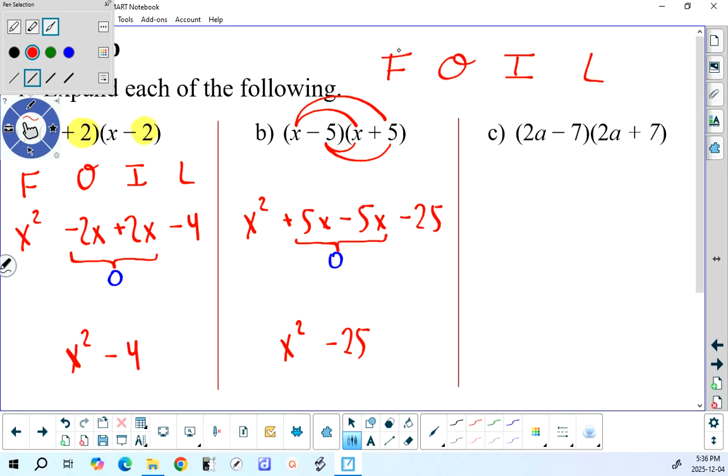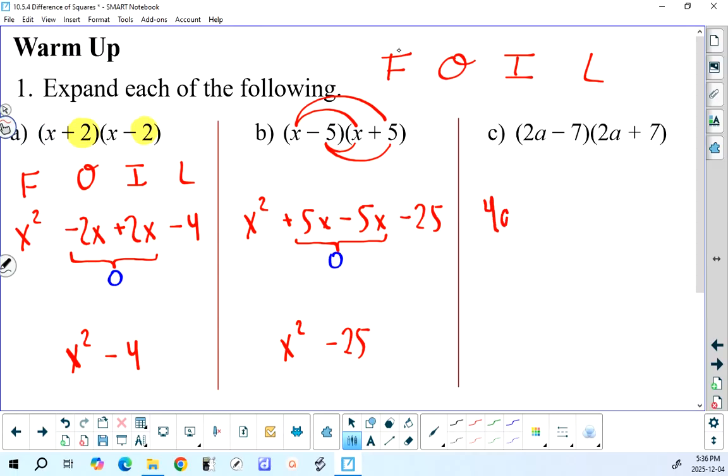I know at least 2 of you that are enrolled in this course don't really use either. You just look at the thing and you say, well, 2a times 2a is 4a squared. My outer, I think outer, is 2a times 7, which is 14a. My inner is negative 7 times 2a, which is negative 14a.